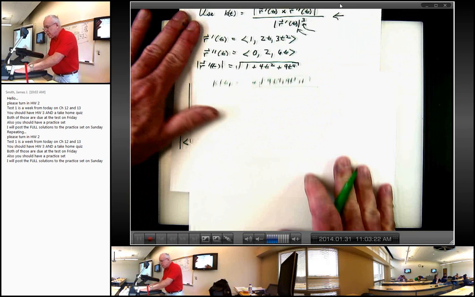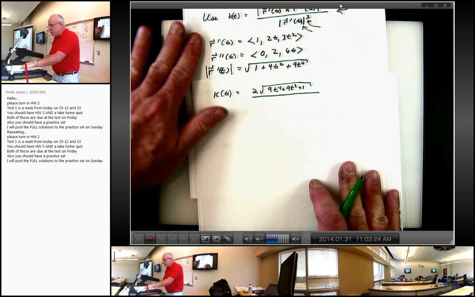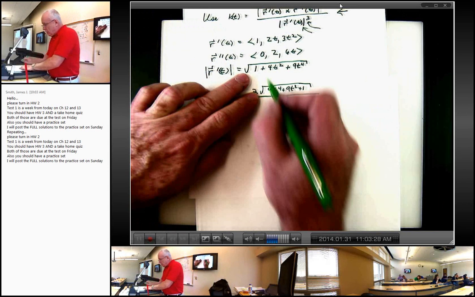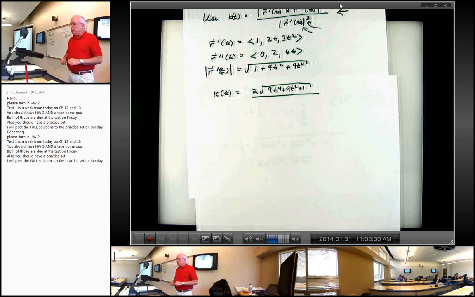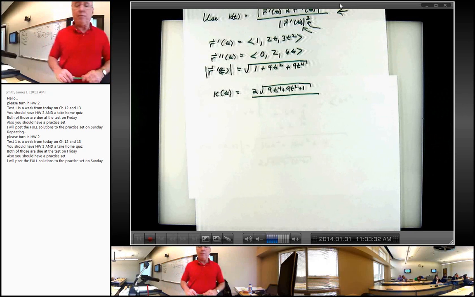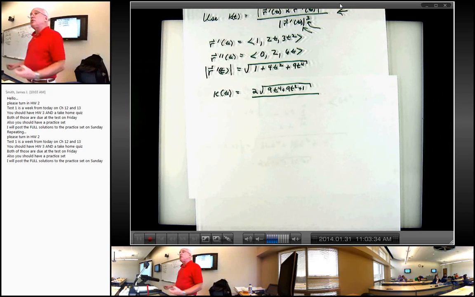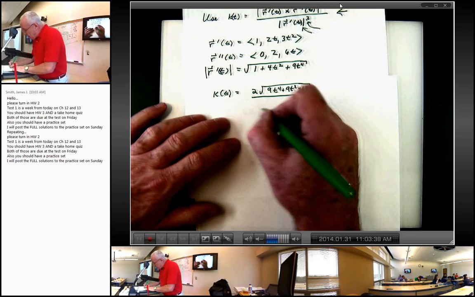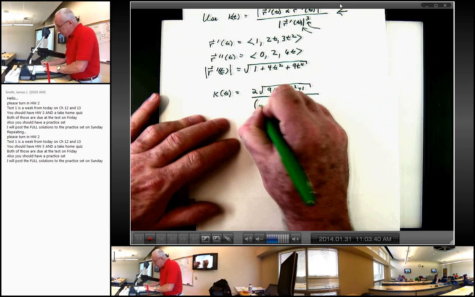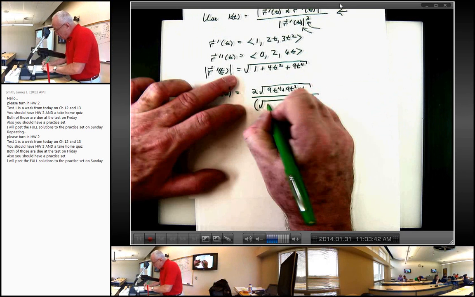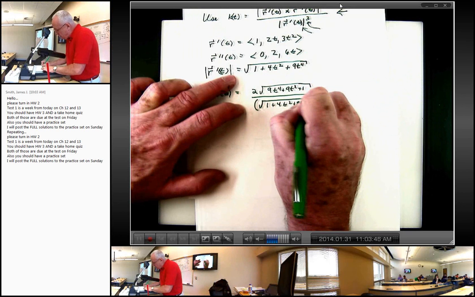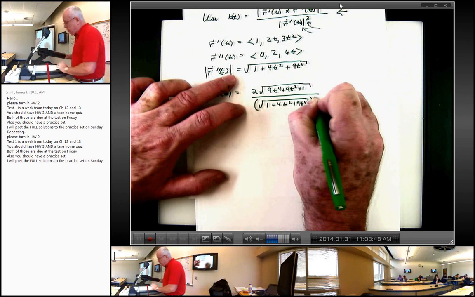Here we had gotten the magnitude of r prime, that's the square root of 1 plus 4t squared plus 9t to the fourth. I'm raising that to the third power. So let me write it in two different ways: the square root of 1 plus 4t squared plus 9t to the fourth, being raised to the third power.